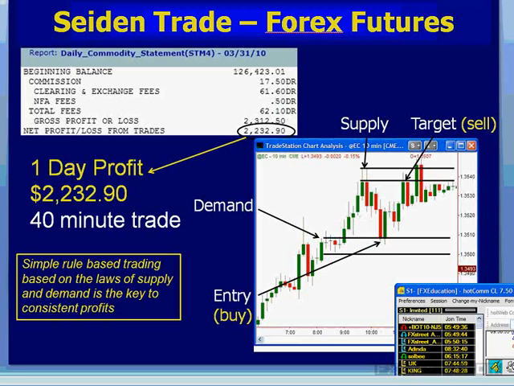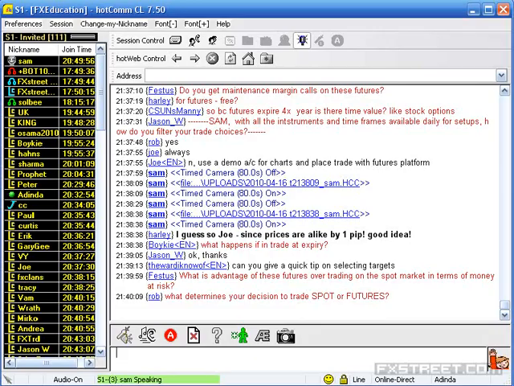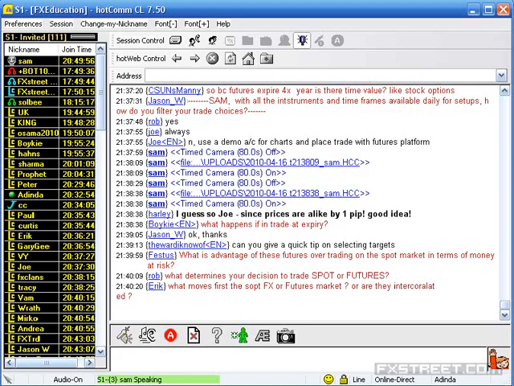Yeah. So Rob, what determines the decision to trade spot or futures? Again, it's the difference between trading on a centralized exchange and trading on a market that your broker is creating for you, which is the spot market, right? Okay. There's a big difference there. The market on the centralized exchange is going to be more efficient.